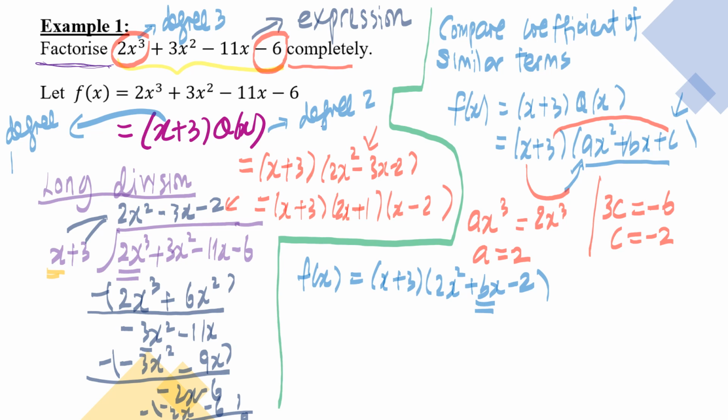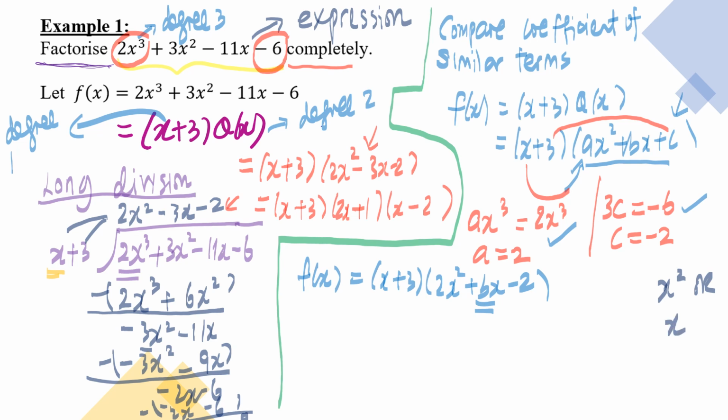So you can choose which term you want to compare with. You won't want to choose x cubed because you already did it here, and you won't want to choose the constant term because you already did it here. So you're only left with the x squared or the x term.